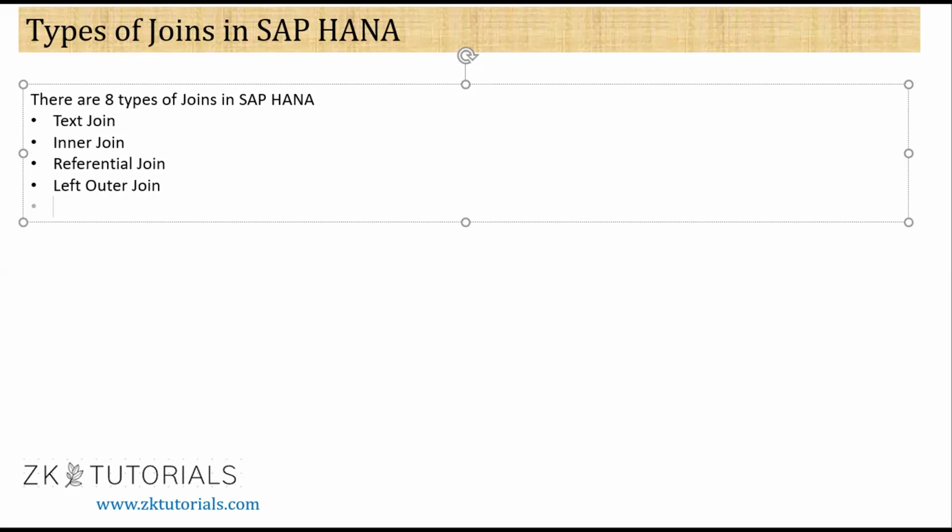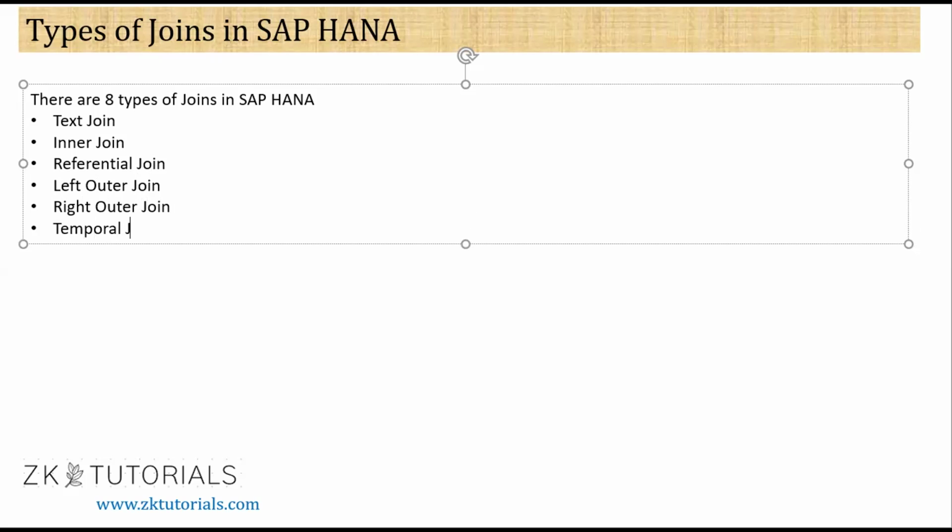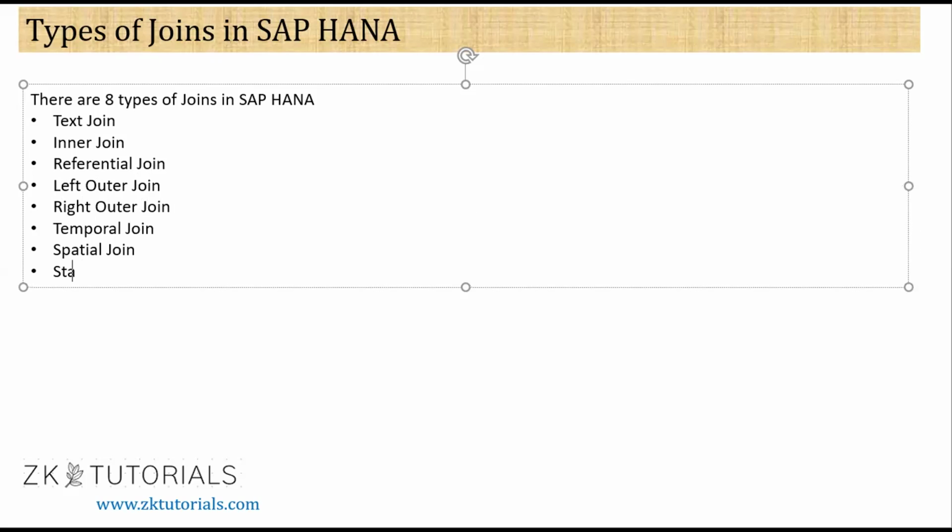Then we have the right outer join. Then the temporal join. Then the spatial join. And at the last, the star join. So these are the eight types of joins in SAP HANA.